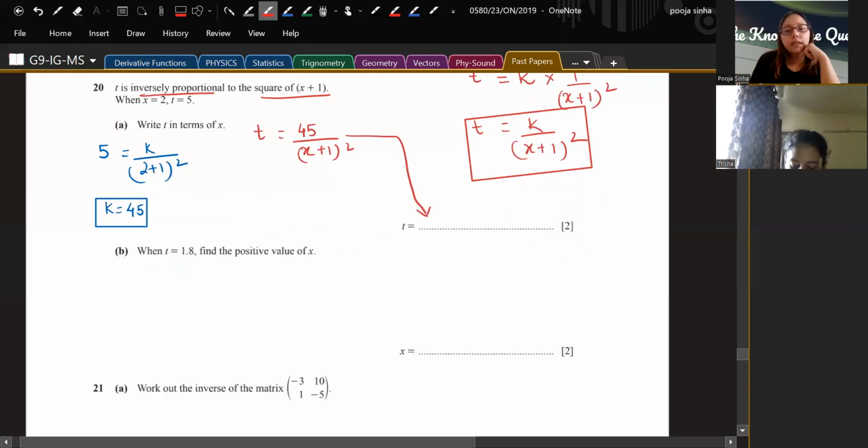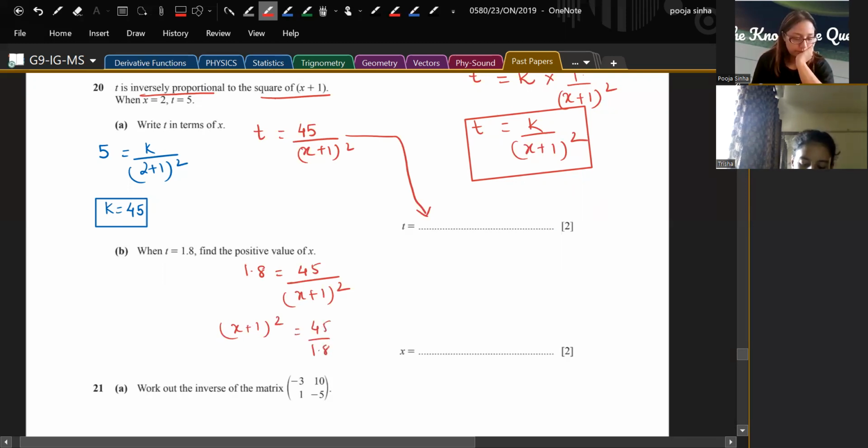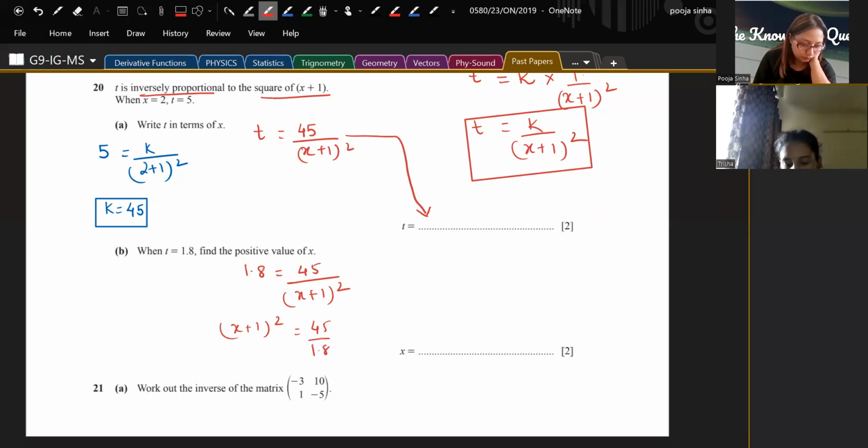Okay. Then it says, when t is equal to 1.8, find the positive value of x. In this case, I will write 1.8 is equal to 45 upon x plus 1 whole square, which means x plus 1 whole square is equal to 45 divided by 1.8. You put it in the calculator, give me the answer. 25.